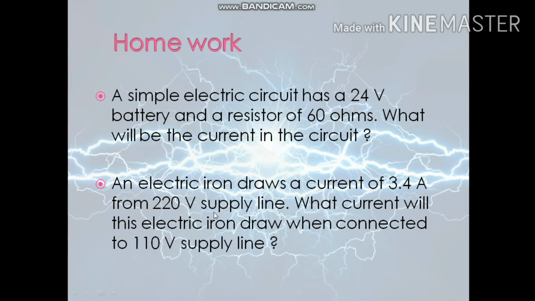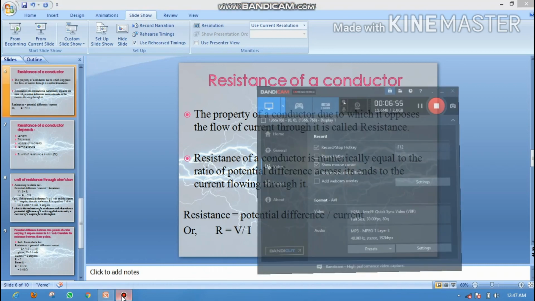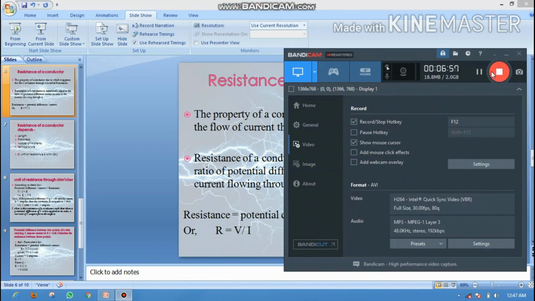By using this we can calculate the resistance of the electric iron, and by using this resistance we can calculate the next part. What current will this electric iron draw when connected to a 110 volt supply line? Here potential difference equals 110 volt and resistance is already calculated from the above part. So by using resistance and potential difference you can calculate the current in the electric iron.